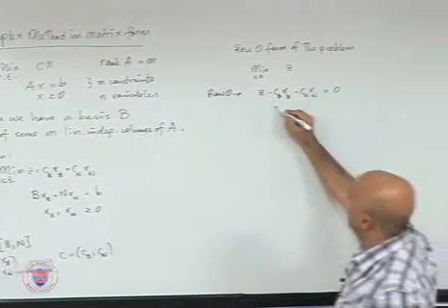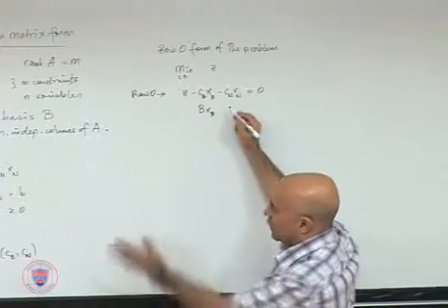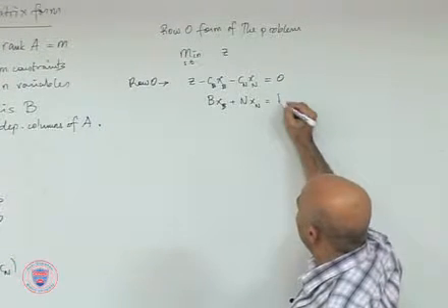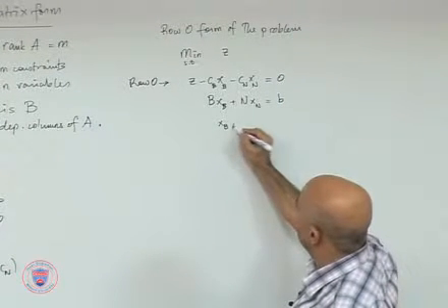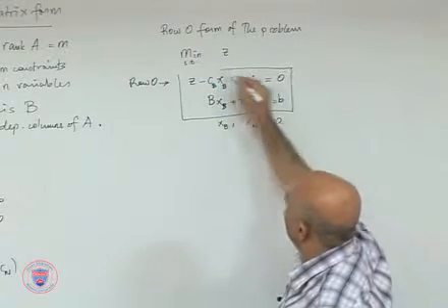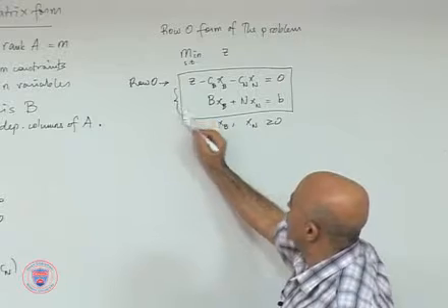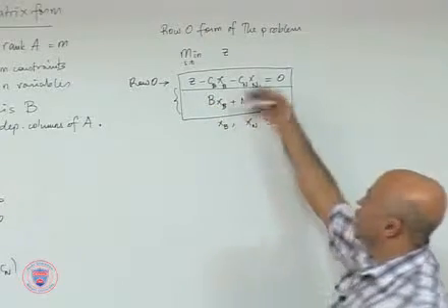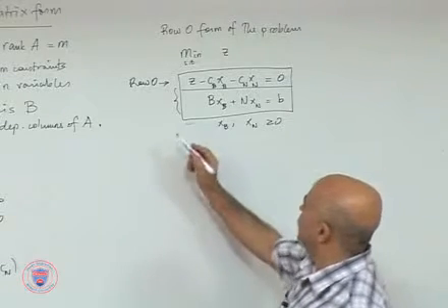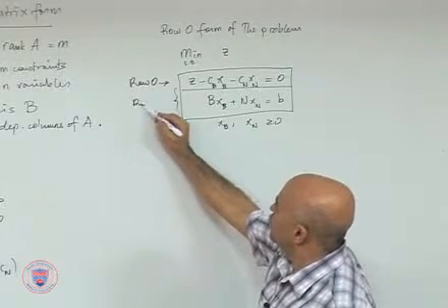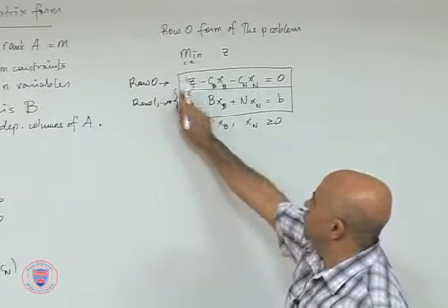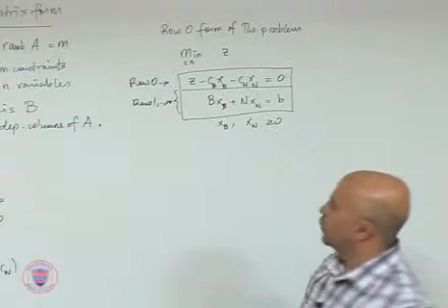The remaining part is already in the constraints. So row 0 refers to the upper portion of the boxed set of equations, and rows 1 through m refer to the remaining part, the lower part.